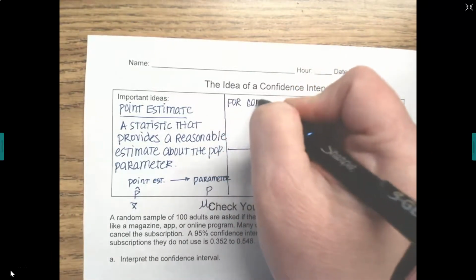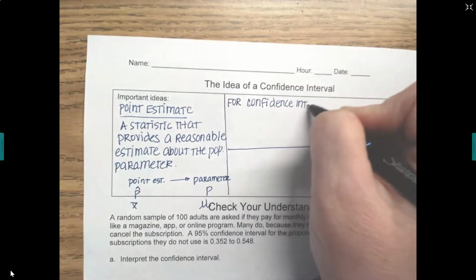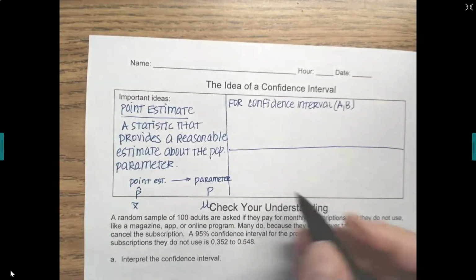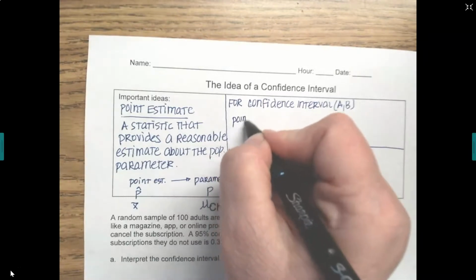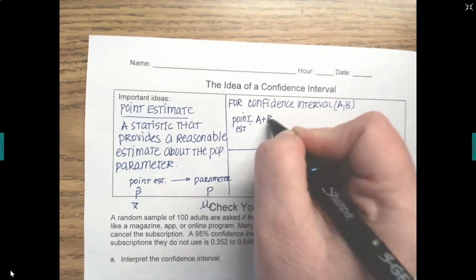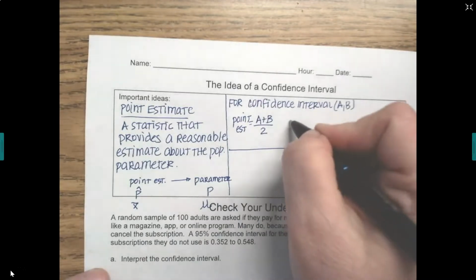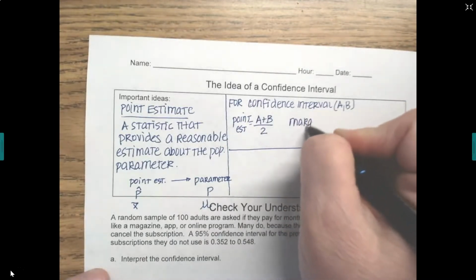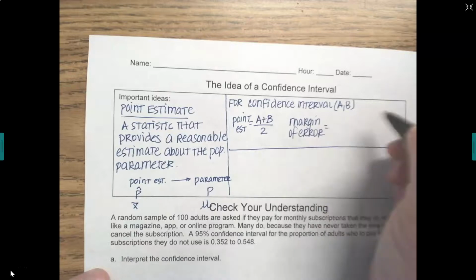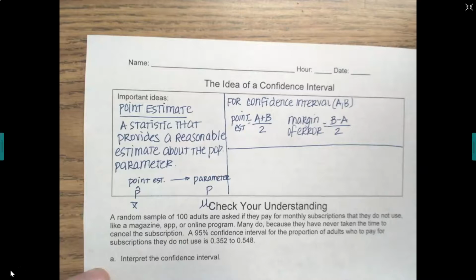Now, for a confidence interval, we're going to name the endpoints A and B. If you want to find the point estimate, you just add A and B together and divide by 2, because it's halfway between A and B. If you want to find the margin of error, you find the distance between A and B and halve that.